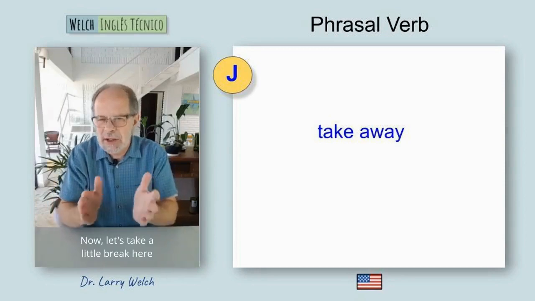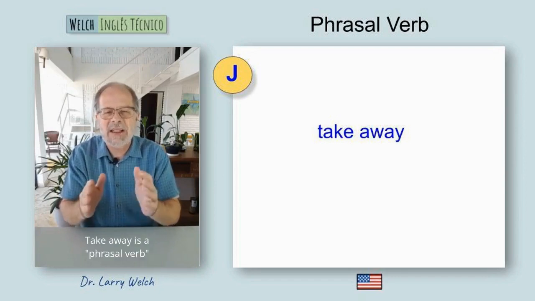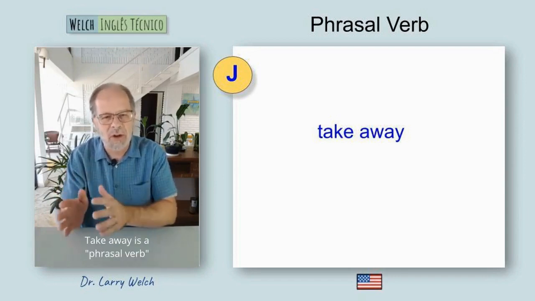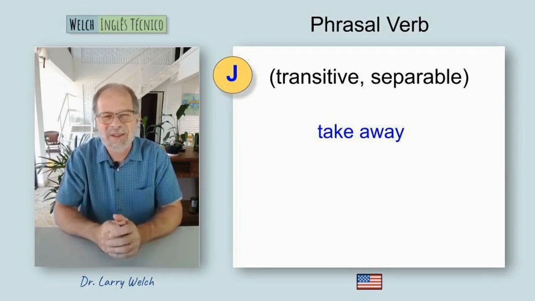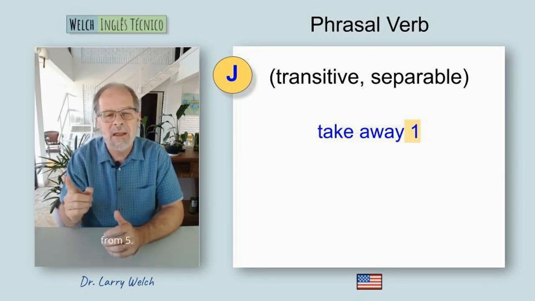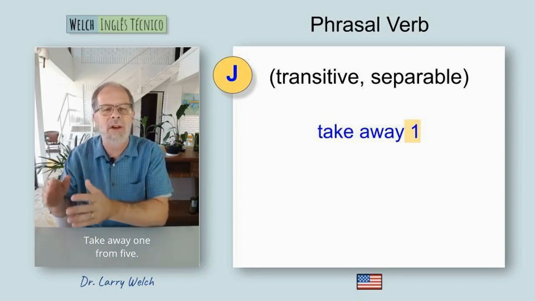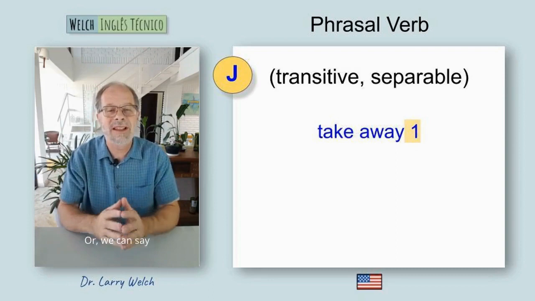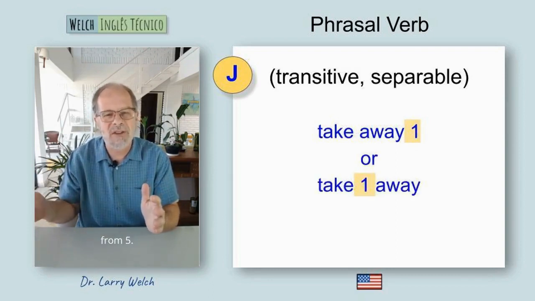Now, let's take a little break here to talk about the expression take away. Take away is a phrasal verb in English, and it's a transitive phrasal verb. What that means is this. We can say take away 1 from 5, or we can say take 1 away from 5.